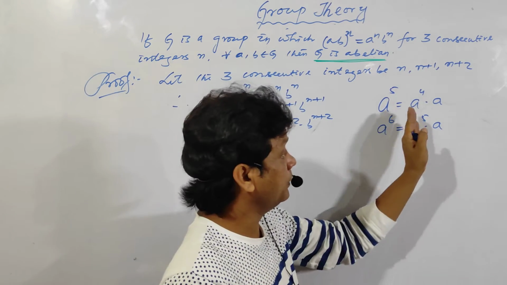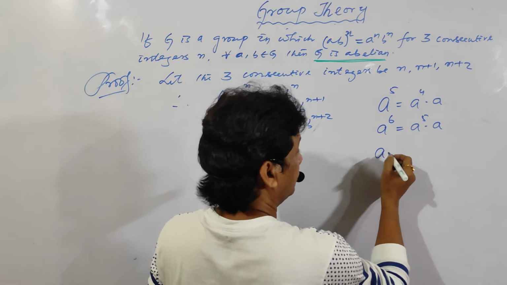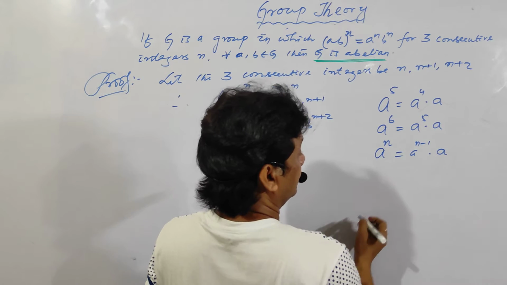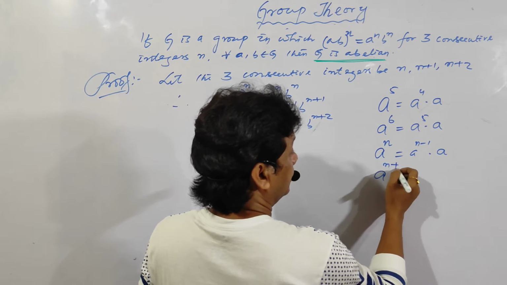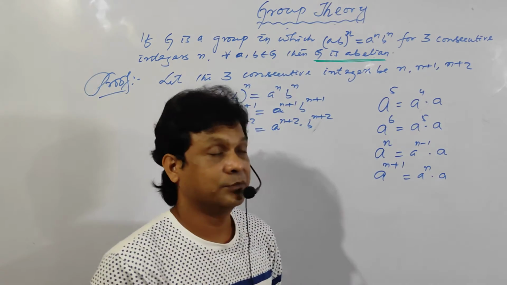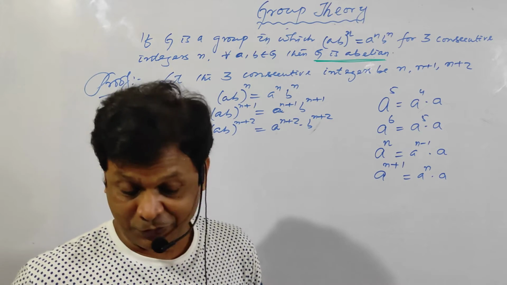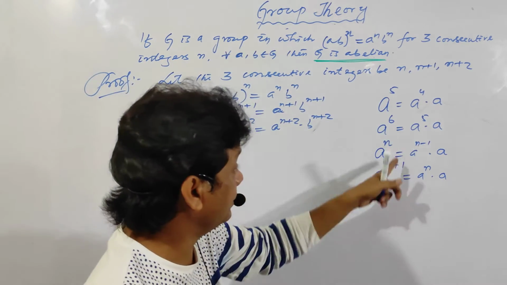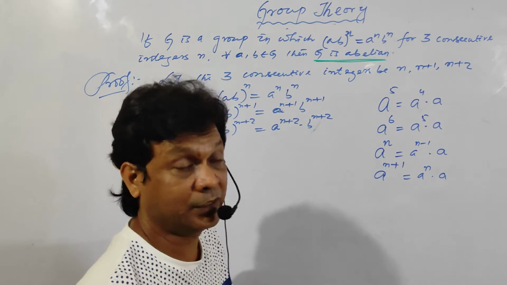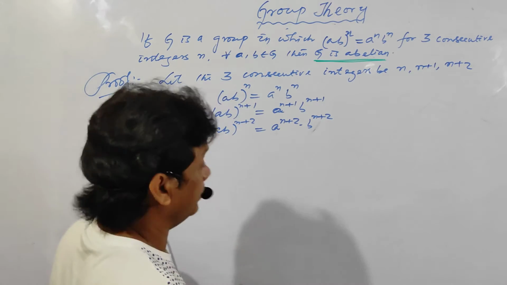The single a should be written on the right hand side, not on the left hand side. That is the trick. That means if you want to write a to the power n, it will be a to the power n minus 1 into a. If you write a to the power n plus 1, it should be a to the power n into a. Like this you should split. So simply remember how to split, so that we can apply this trick here.